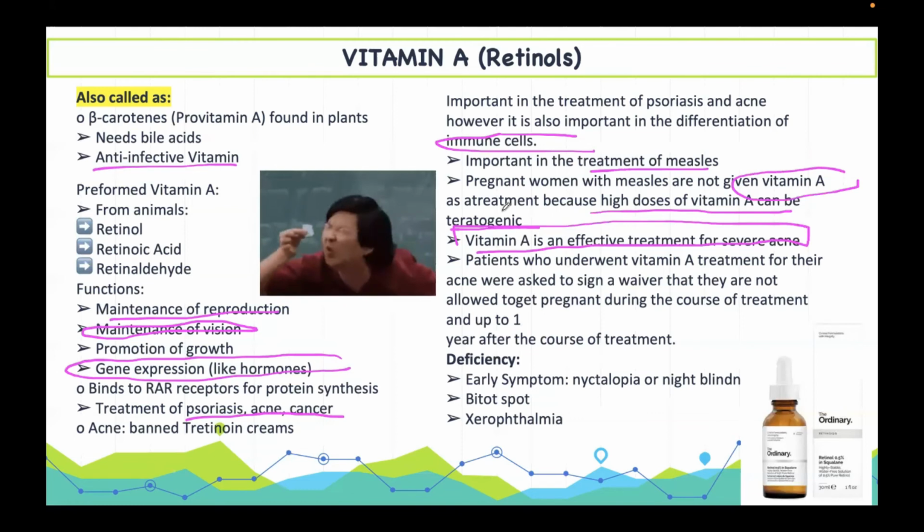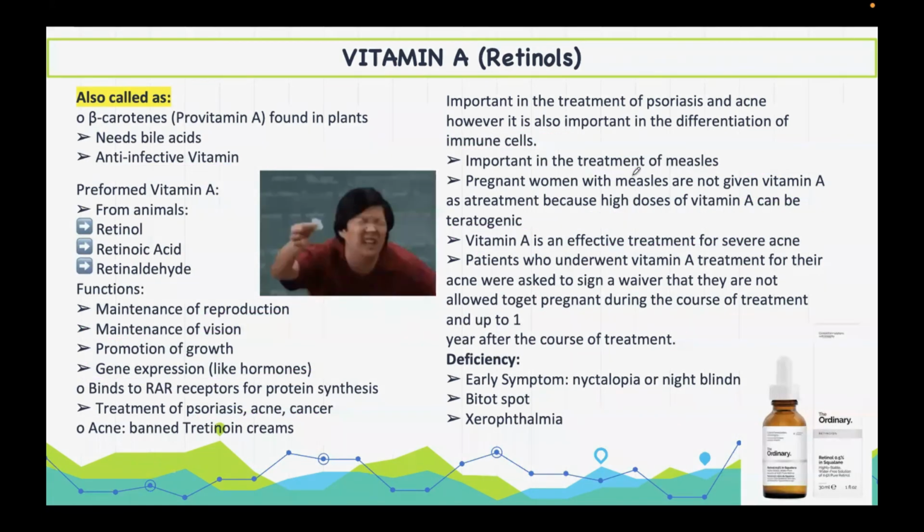Okay, so dapat nagsisign ng waiver yung mga patients natin na nag-underwent ng treatment of the vitamin A treatment. So the deficiency for the early symptom, pwede maka-experience ng night blindness and such. So mainly our vitamin A or your retinols are very helpful in the maintenance of the vision, maintenance of reproduction, for the gene expression, and severe acne treatments.